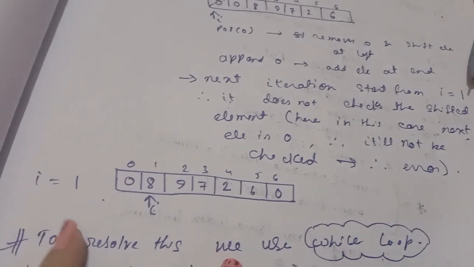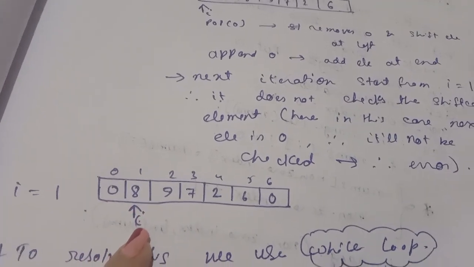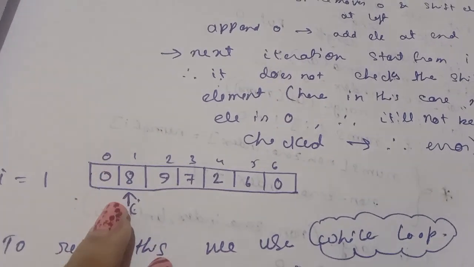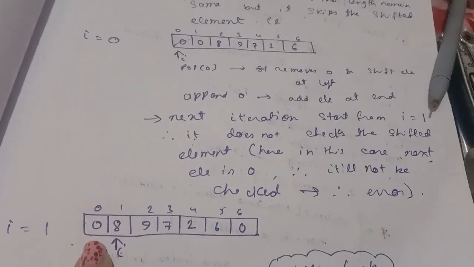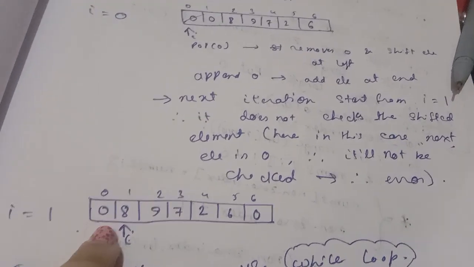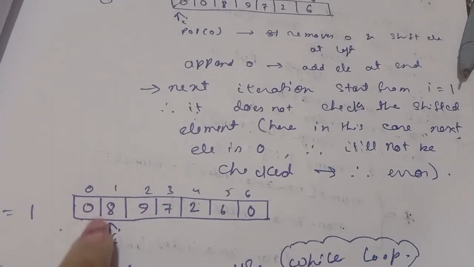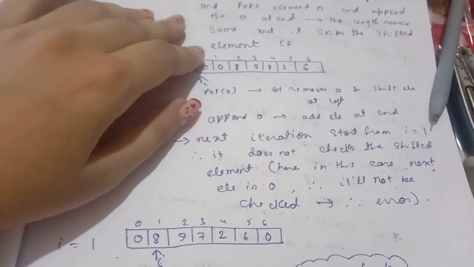But as per the for loop, i will be 1 for the next iteration. That's why i is here 1. So what is happening is we are skipping the position where shifting takes place. And in this particular case, we have a 0 in that position, so this will obviously create an error. That's why a for loop is not good here.